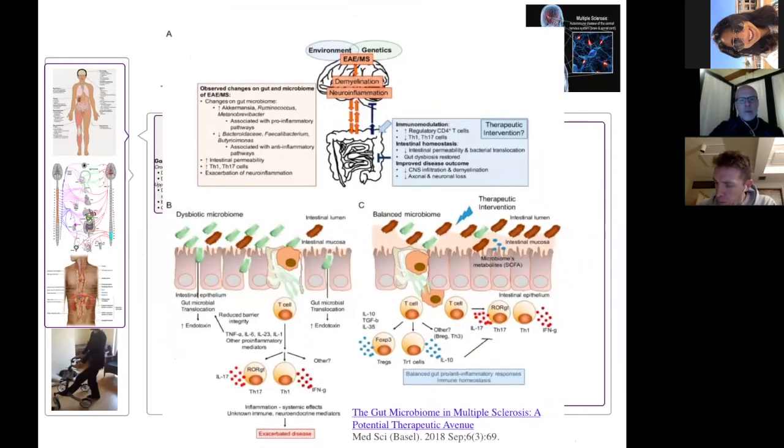Here's an example from the same paper. On the right we have the dysbiotic microbiome, where the microbiomes are not working in the general health of our body. It's creating pro-inflammatory mediators and an inflammatory response. Then we have a balanced gut response where there's immune homeostasis. This whole inflammatory response is mediated through that autonomic interface too.